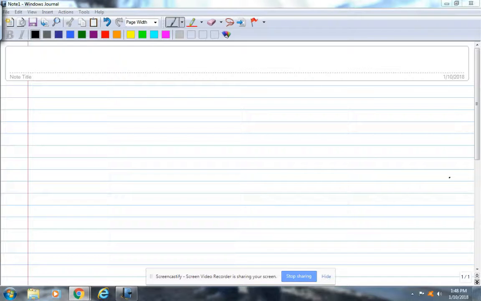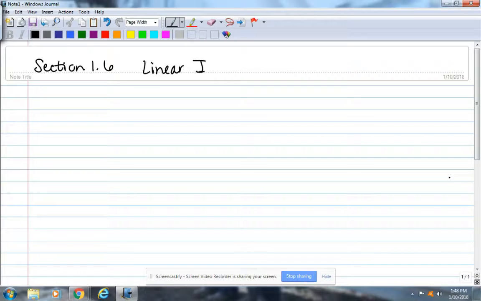Okay, so today we're going to do section 1.6, which is going to talk about linear inequalities. Inequalities means they're not equal.